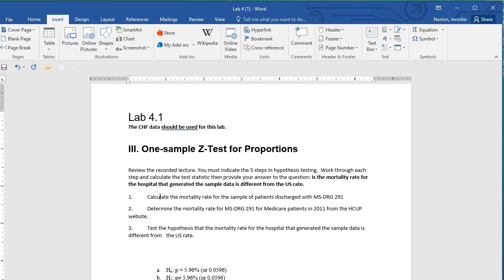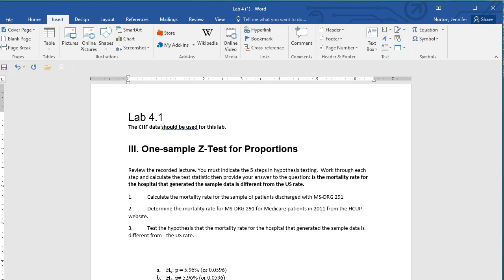Number 1 is determine the null and alternative hypothesis. So basically, you're creating that null and alternative hypothesis based on the questions you're asking. And we're going to go through an example here in just a second. Number 2, set the acceptable type 1 error or alpha level.